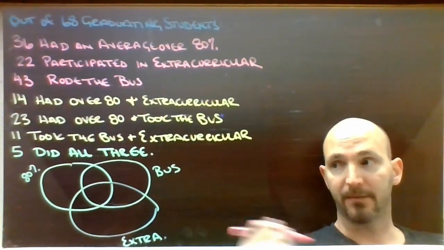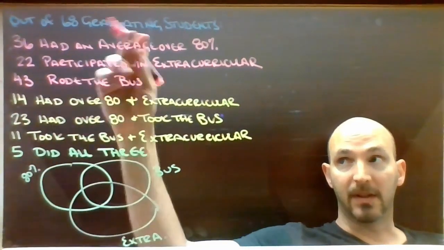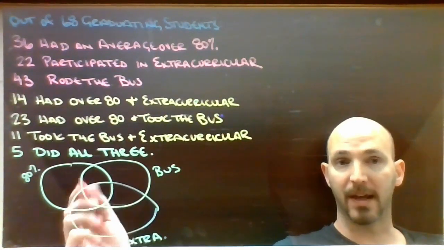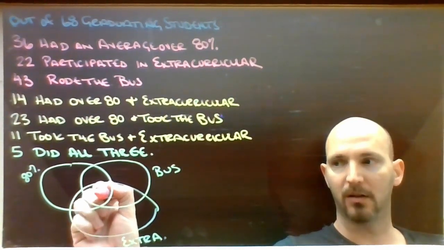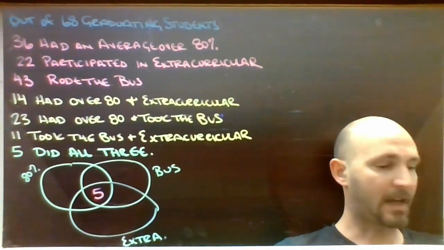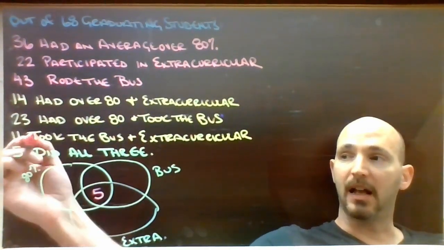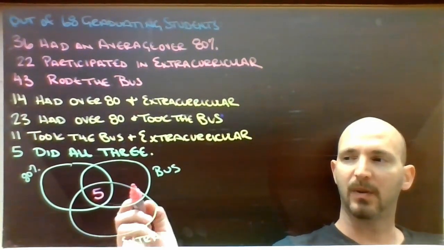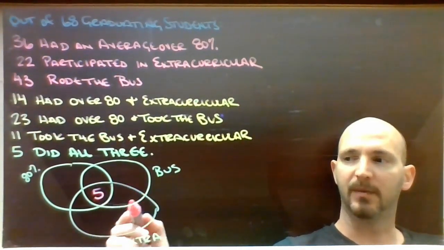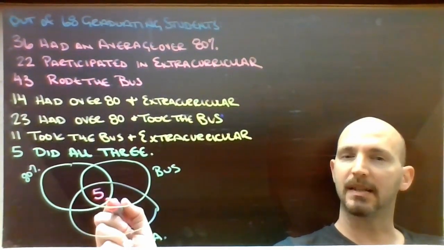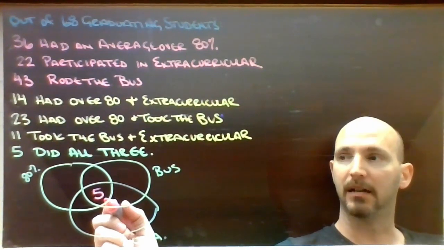So first off, 5 people out of these 68 claim to do all 3. So the place in this diagram where they go is right in the center, where all 3 criteria meet. Now, this next one up here, 11 took the bus and did extracurricular. So that's this section here, right, where bus and extracurricular overlap. But you notice that I already have 5 people in there.